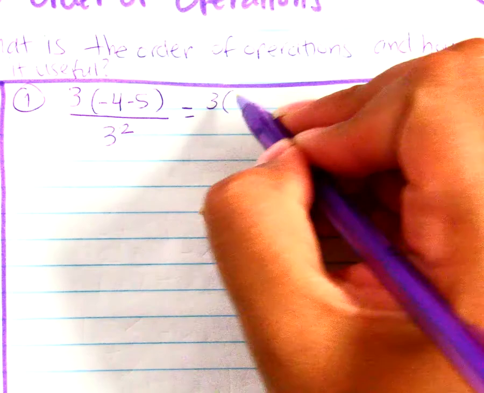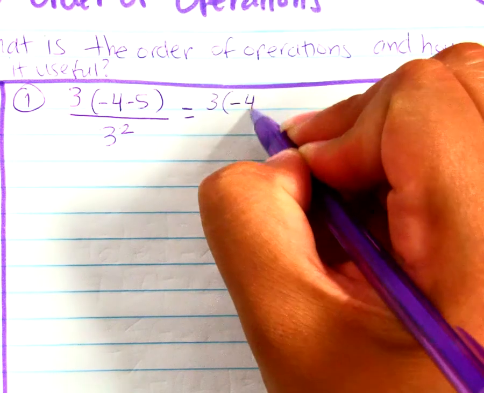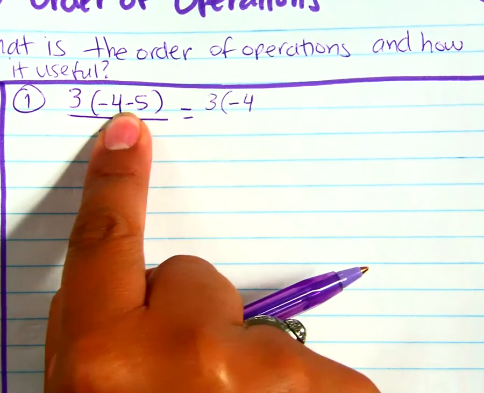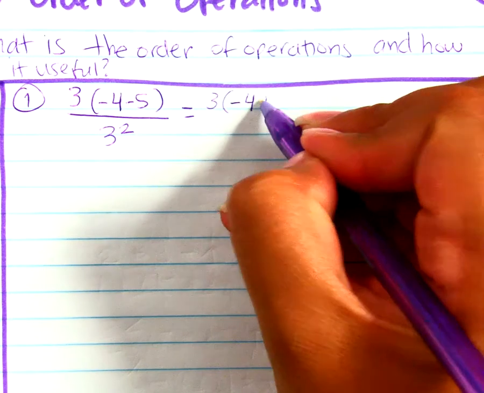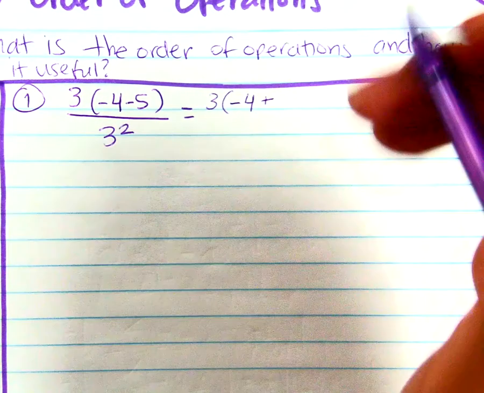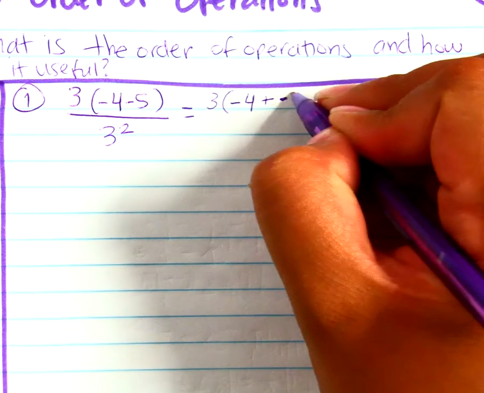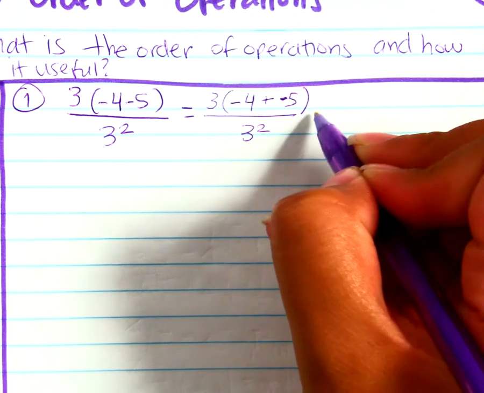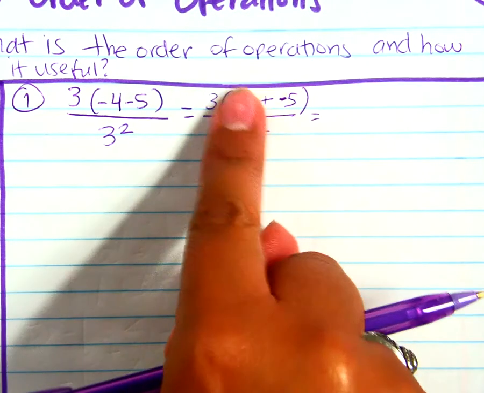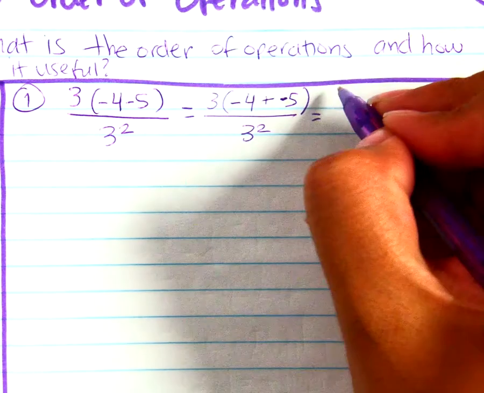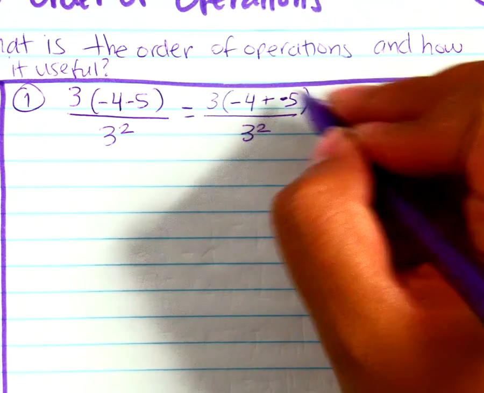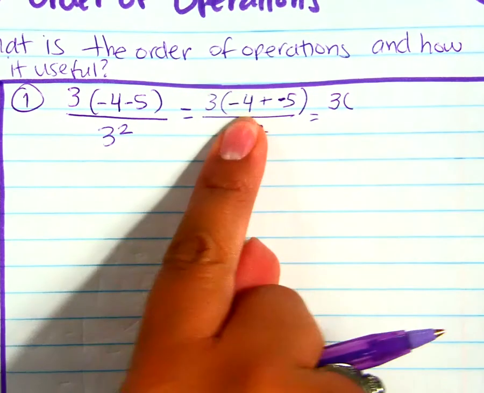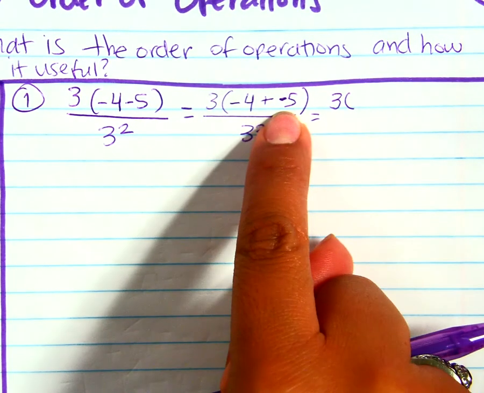So we're going to go ahead and have negative 4, right? We keep it. The subtraction becomes addition, and the positive 5 is now a negative 5. And we're still dividing it by 3 squared, right? So right now we're just trying to work out the parentheses. So it's going to be 3 times, what's a negative 4 plus a negative 5?